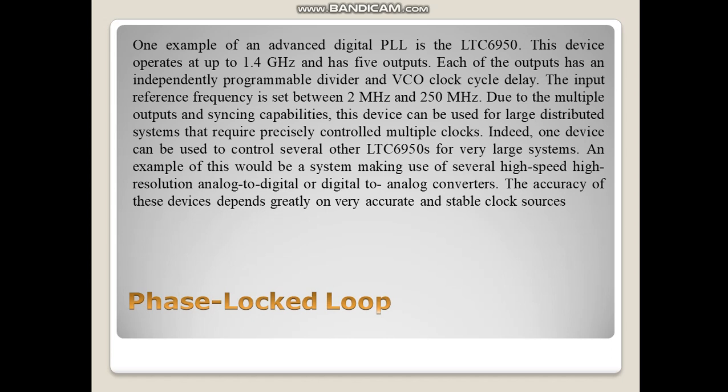So above the range of this 1.4 GHz, the comparator does not support the frequency ranges, hence it forms a disadvantage. Coming back to this device, each of the outputs has an independently programmable divider and VCO clock cycle delay. The input reference frequency is set between 2 MHz and 250 MHz. This is decided by the circuitry.